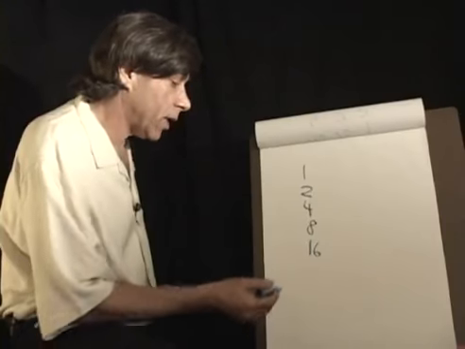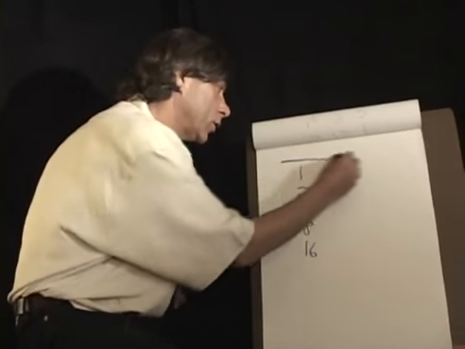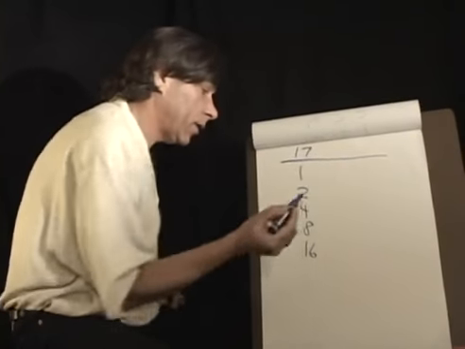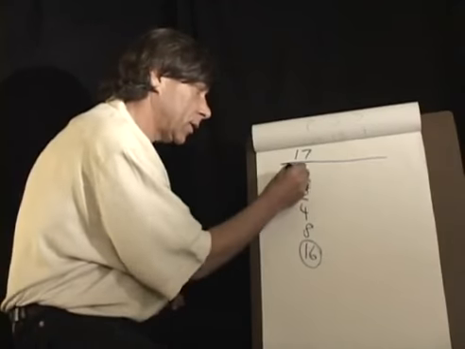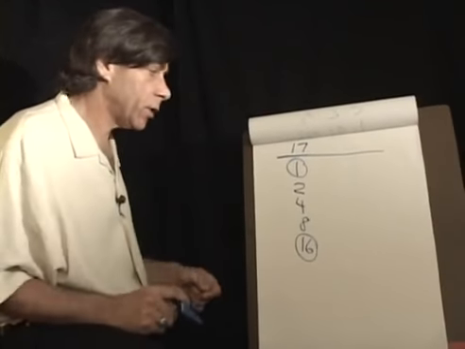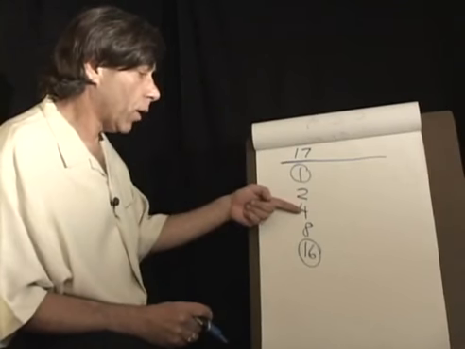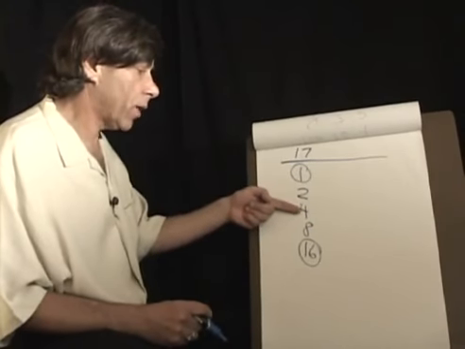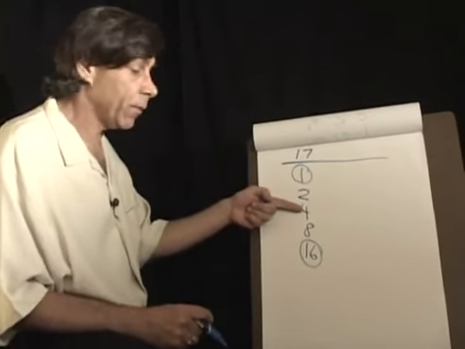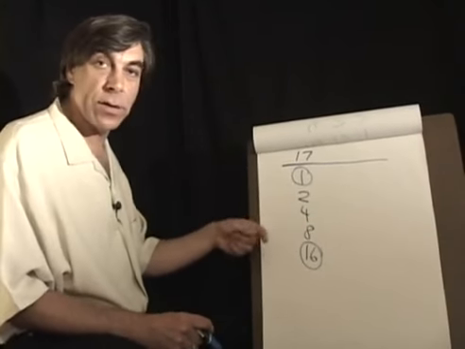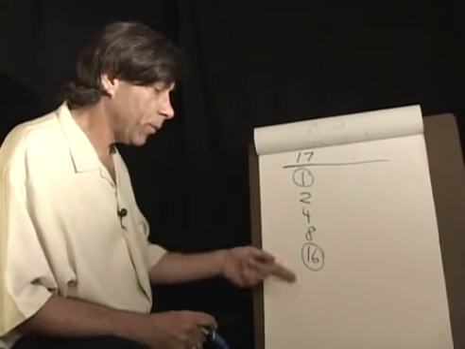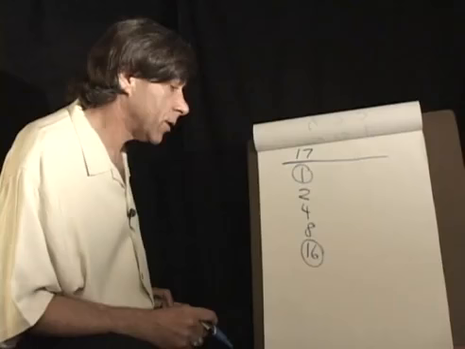And any number can be represented by the sum of these. For example, the number 17 is 16 plus 1. So I can count 1, 2, 1 plus 2 make 3, 4, 1 plus 4 make 5, 2 plus 4 make 6, 1 plus 2 plus 4 makes 7, 8, and so forth. And so any number can be represented by the sum of elements of this sequence.